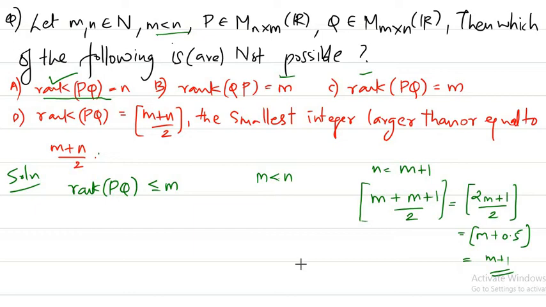You know that our maximum rank is m, it can never go to m plus 1. So this option will also never happen, so this is also actually a not possible option. So in this question we get two options, that is option A and D. I have taken n as m plus 1 because the order is a positive integer, that's why I have taken m plus 1.